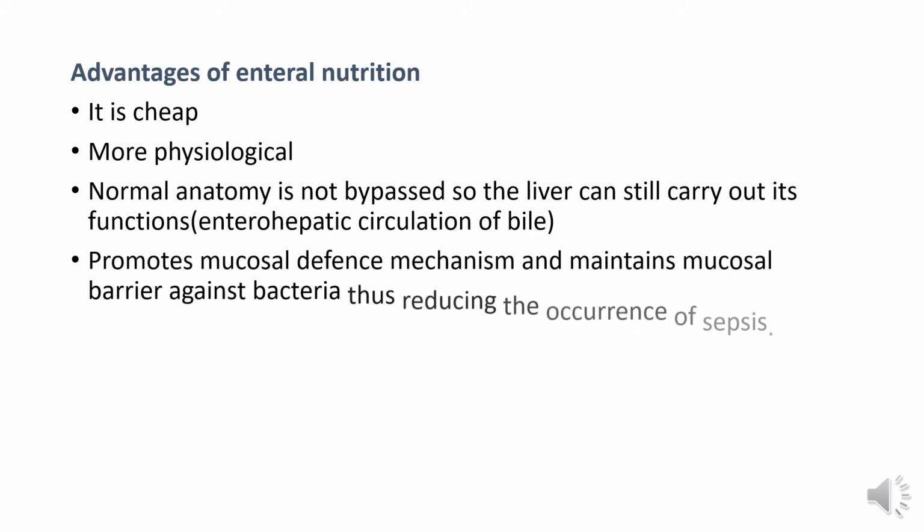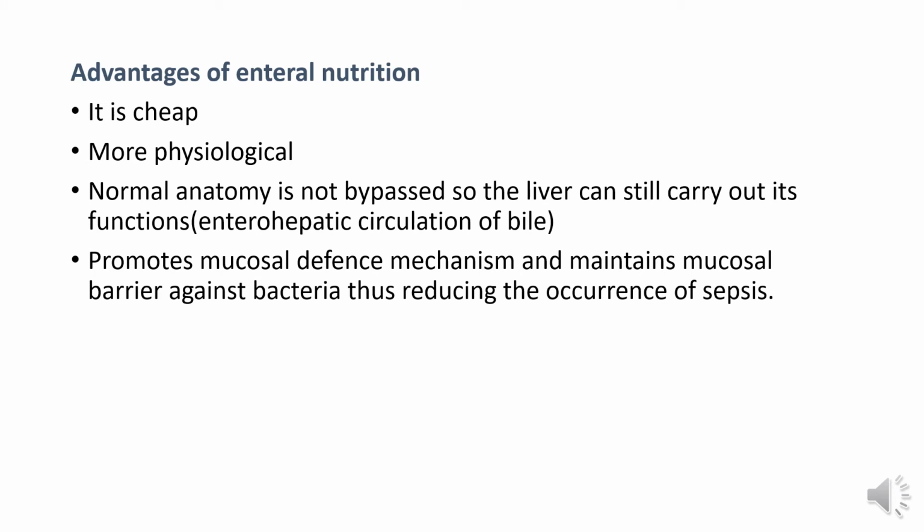It promotes mucosal defense mechanism and maintains the mucosal barrier against bacteria, thus reducing the occurrence of sepsis. When we take food into the gastrointestinal tract, the mucosa of the GIT gets some form of nutrition from the meals taken enterally.